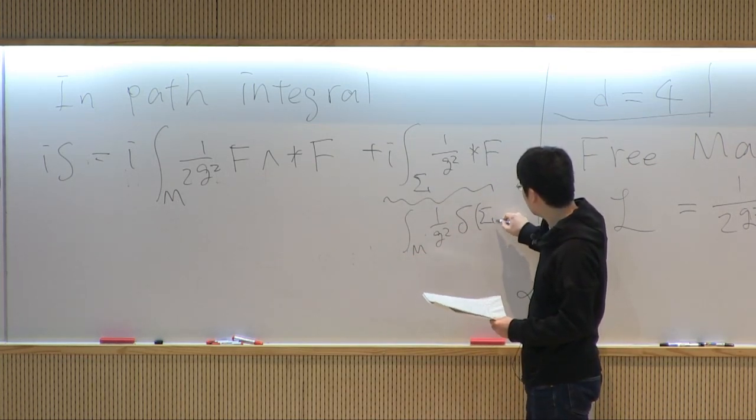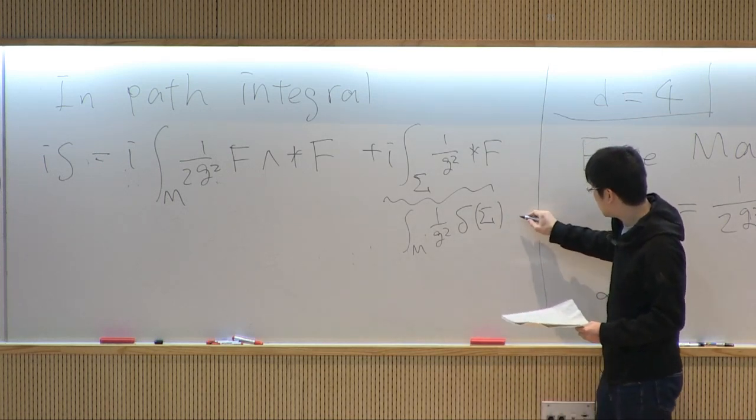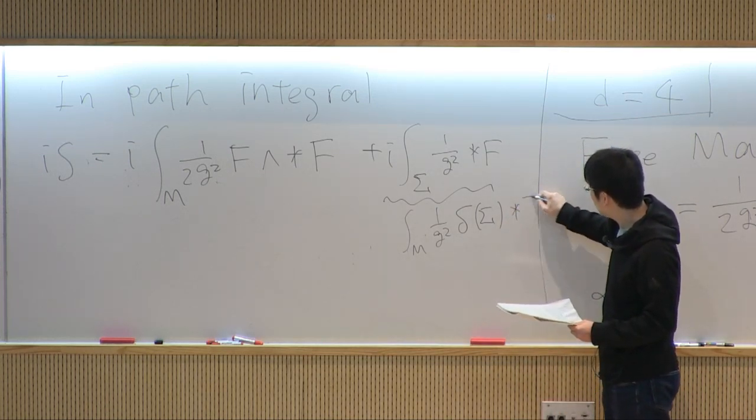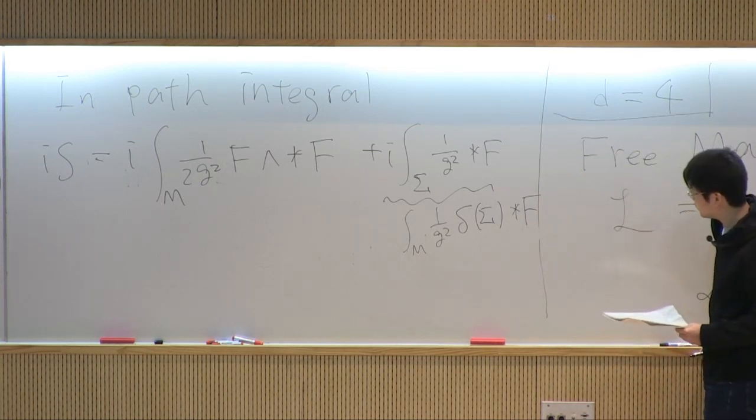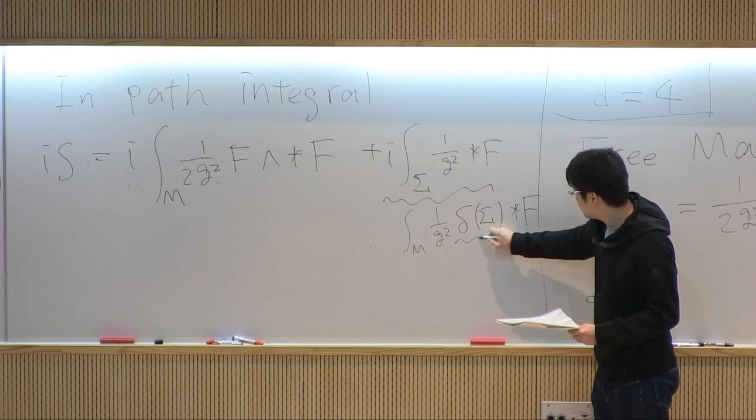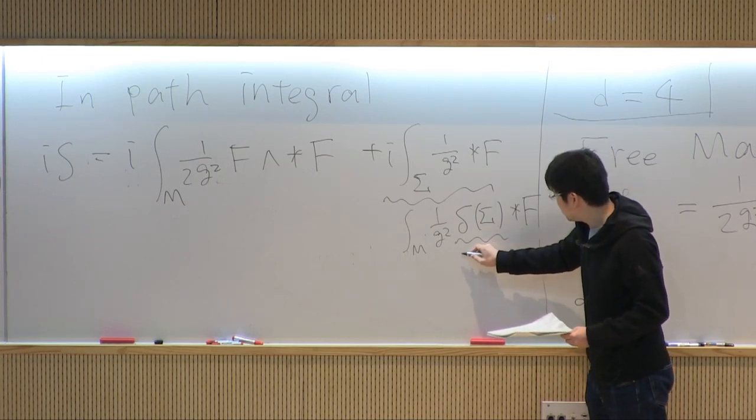Delta function on sigma times h dual of f. This delta sigma is delta function.